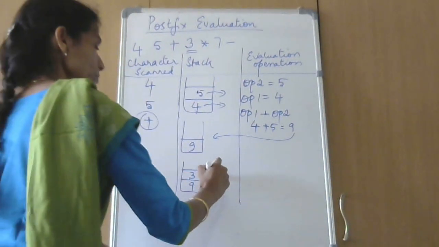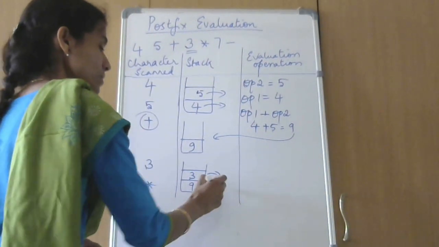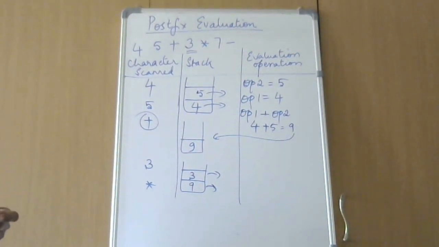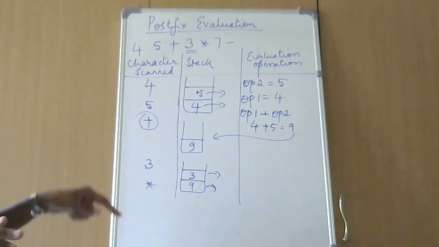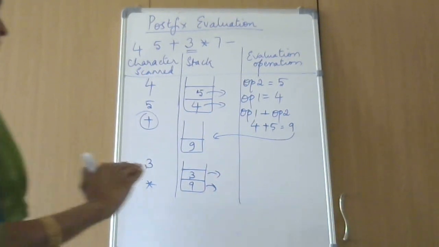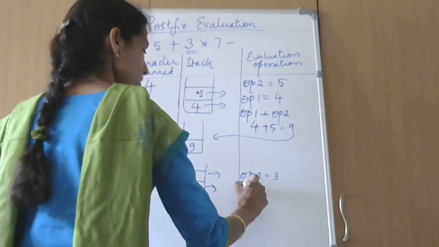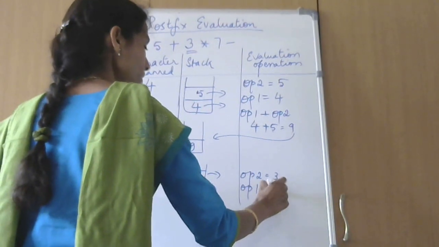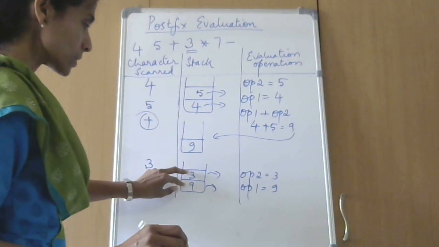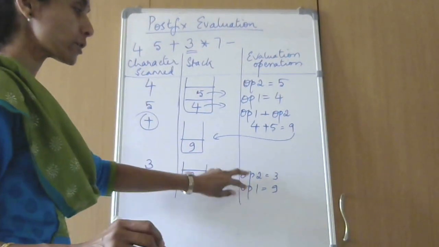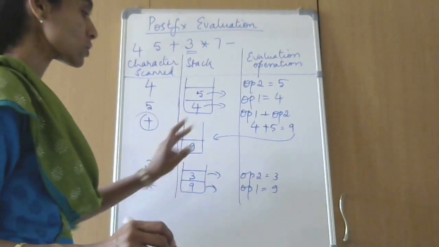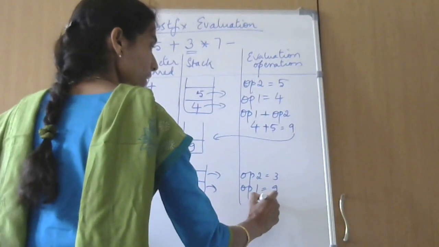So what should you do? You have to pop out the first two elements of the stack, store them in variables, perform this multiplication, and push the result. So here operand 2 is going to be 3, operand 1 is going to be 9. That means you are popping out these two and storing them in two different variables, which I am calling operand 2 and operand 1.